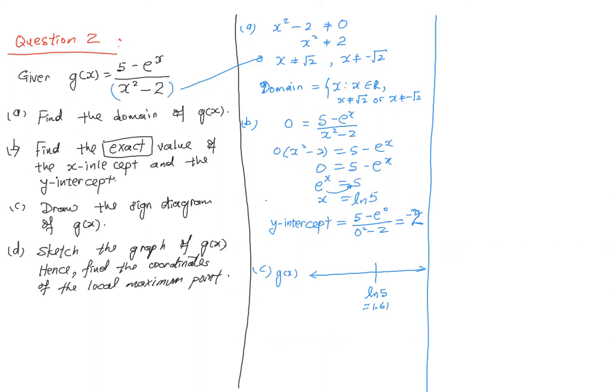Should I mark with a full line or dotted line? Dotted line. One is √2 here. √2 is about 1.414, so it should be here. This is negative √2. No, I'm wrong, this is √2. So where should I put the negative √2? Somewhere here. Yes.